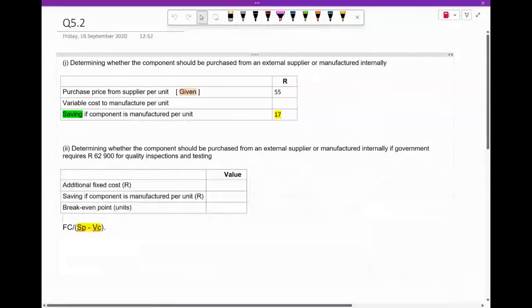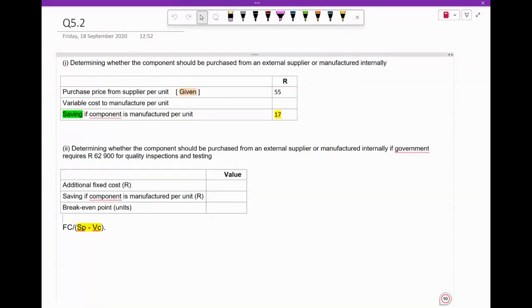So here, we're looking at, based on the information provided, should we produce this ourselves or should we outsource it? Should we buy it externally? That's pretty much what we're looking at in question 5.2.